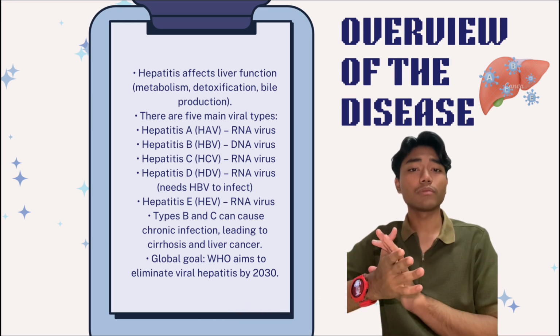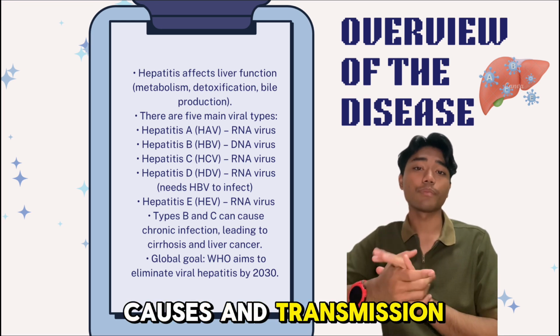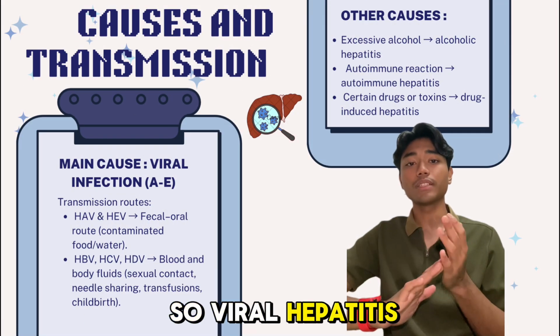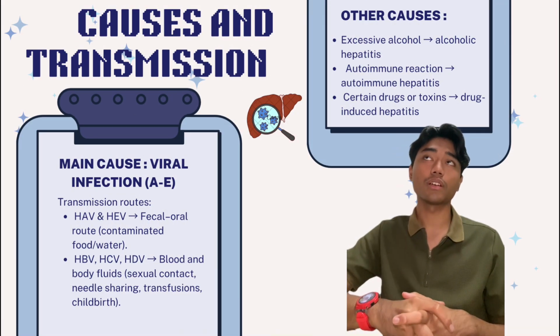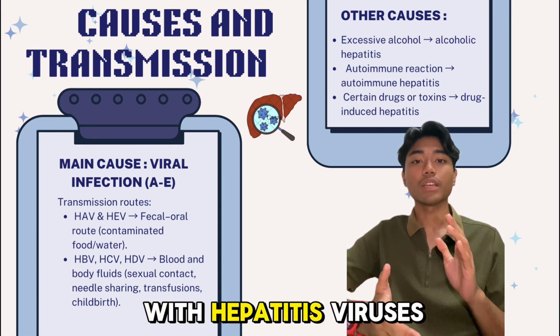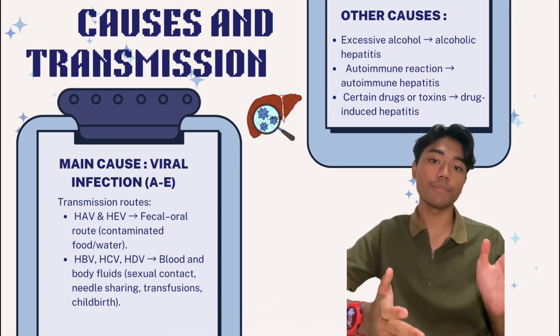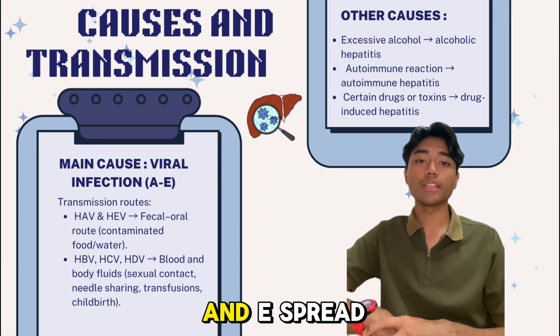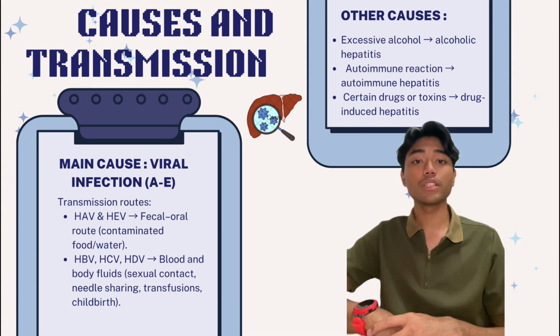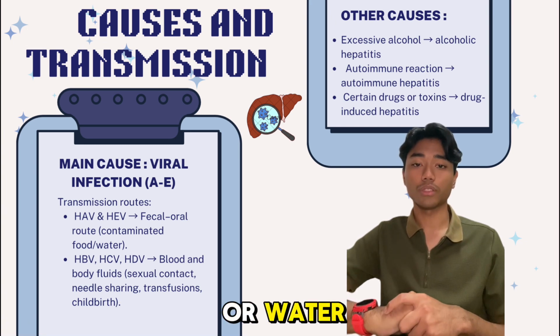So let's talk about causes and transmission of hepatitis. Viral hepatitis is mainly caused by infections with hepatitis viruses A to E. Hepatitis A and E spread through the fecal-oral route, usually from contaminated food or water.